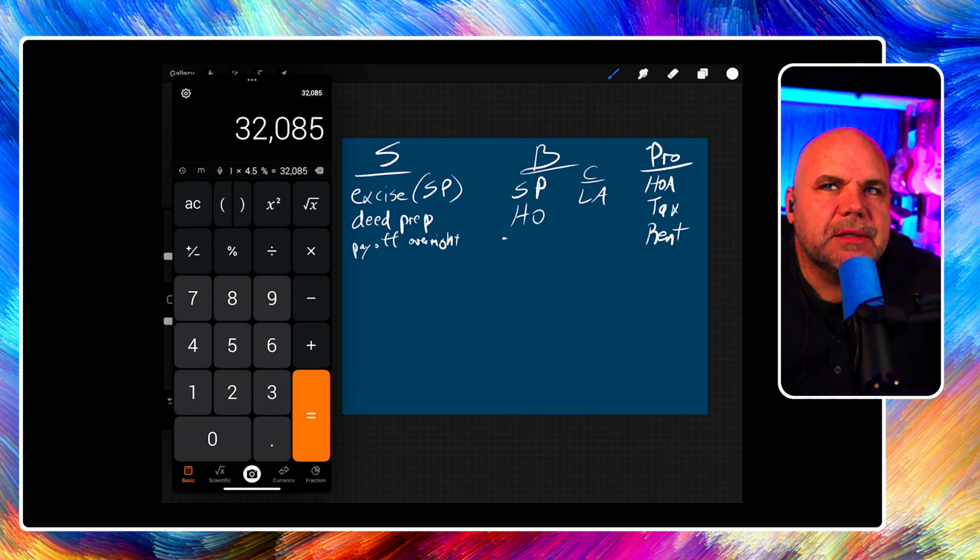Private mortgage insurance is related to the borrower's loan, right? The borrower's, yeah, there we go. Because their lender's requiring the PMI, therefore the borrower has to pay for it since the lender wants it. Mortgage insurance premium would be on the buyer's side.